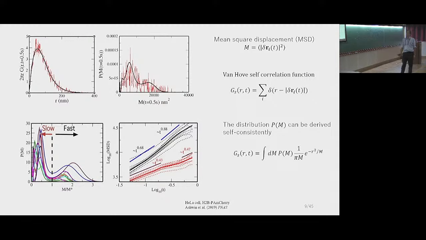We see two components, fast moving chromatin and slowly moving chromatin, with different exponents of MSD as a function of time. The hypothetical thinking is that this should correspond to compartment A and compartment B. Because we have two types of chromatin domains, it should show different movement.